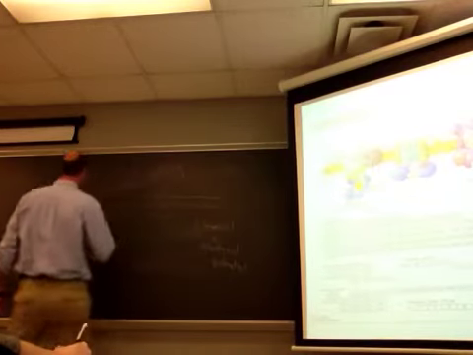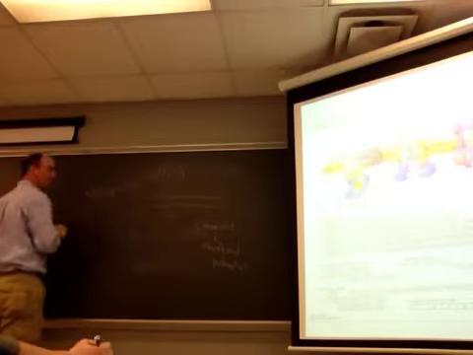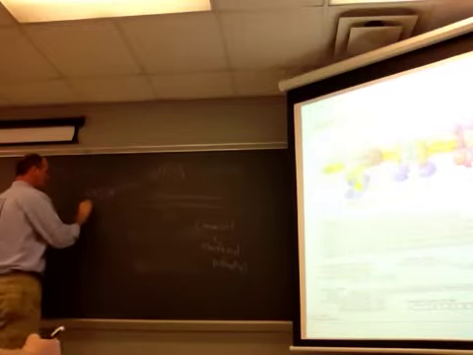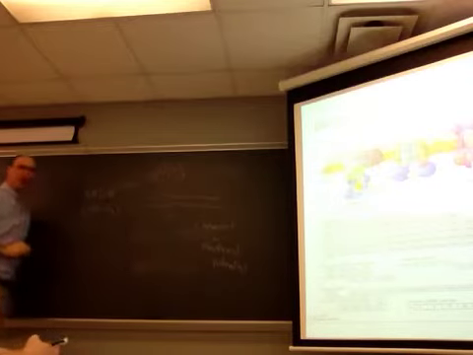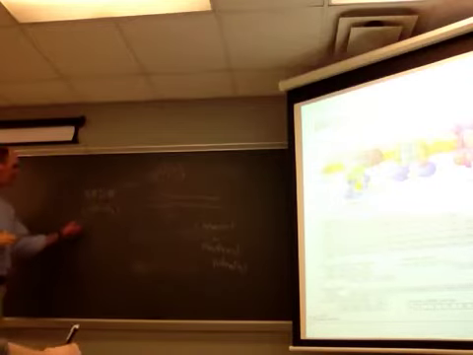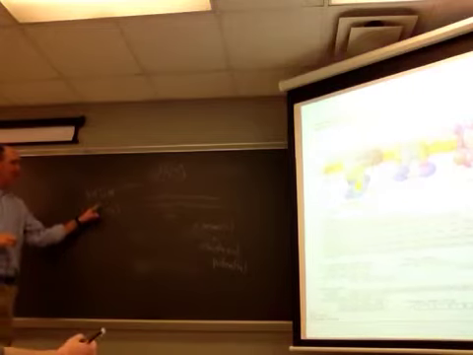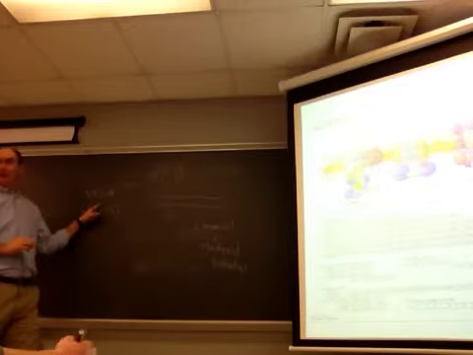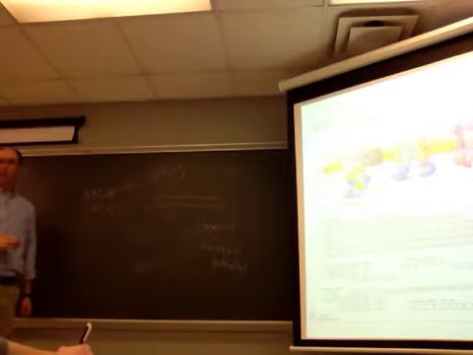So NADH, and quantitatively to a lesser extent, FADH2, those are high energy molecules. Their oxidation releases energy. That energy, some of that energy is stored as this difference in potential.